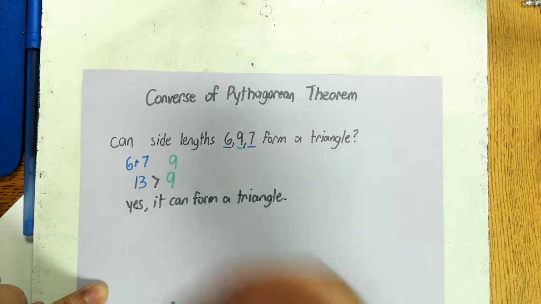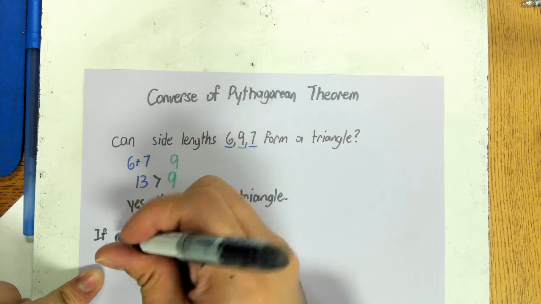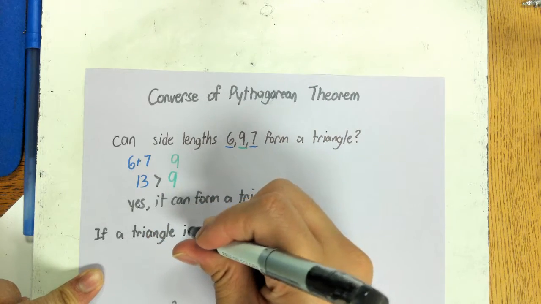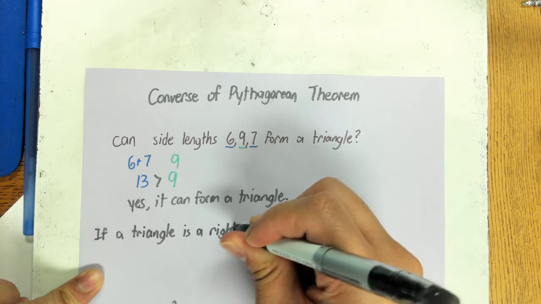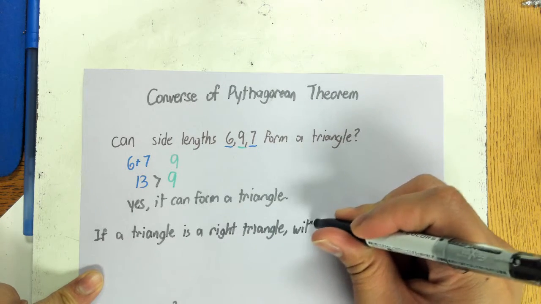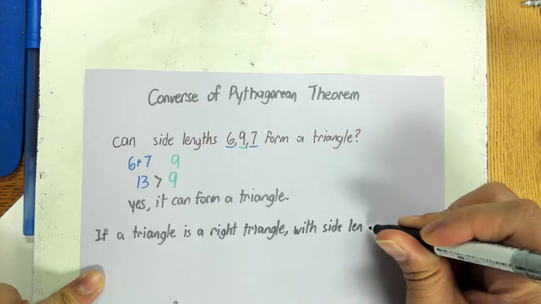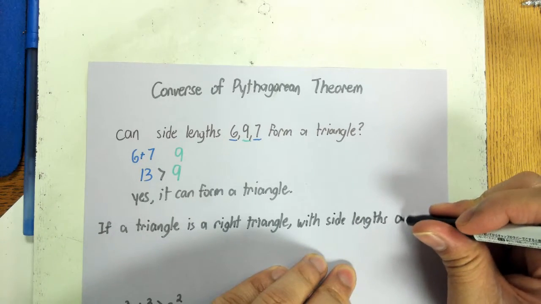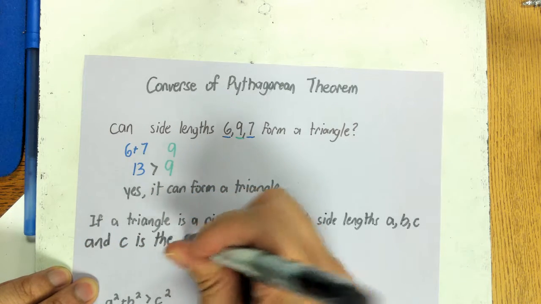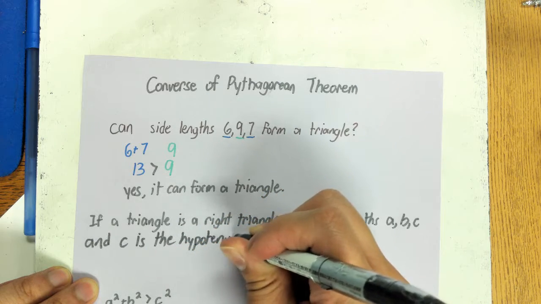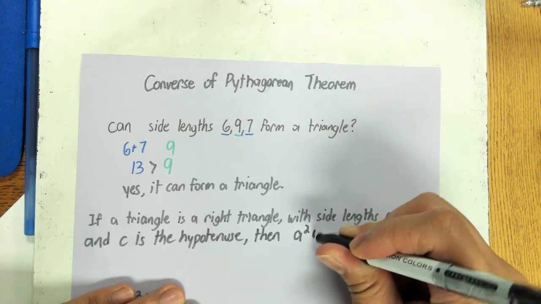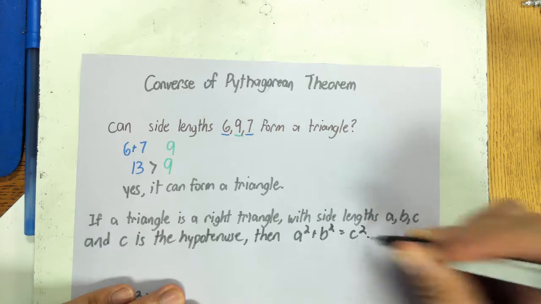Pythagorean theorem tells us that if a triangle is a right triangle with side lengths a, b, c, and c is the hypotenuse, then we have this equation of a squared plus b squared equals c squared.